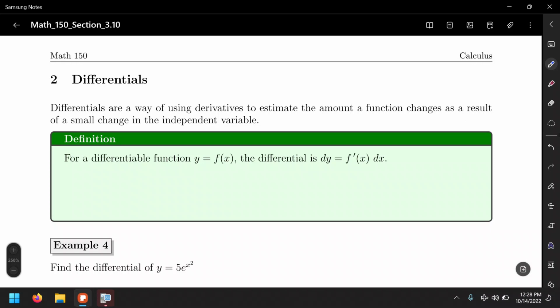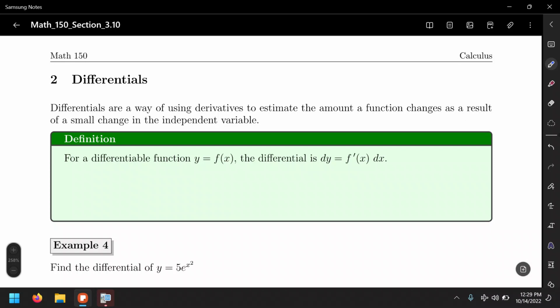However, that thin layer of paper is going to be an increment in the volume of the box. Maybe not by much, but it's going to be something. You get the picture of what I'm talking about? Okay, so we're going to use calculus to determine that change in the dependent variable when we make a change in the independent variable.